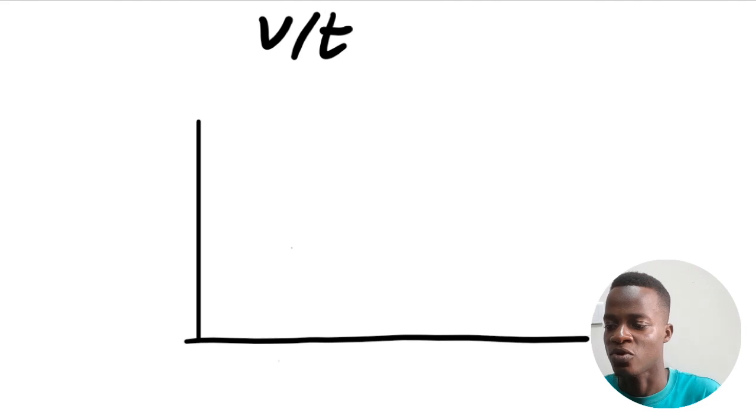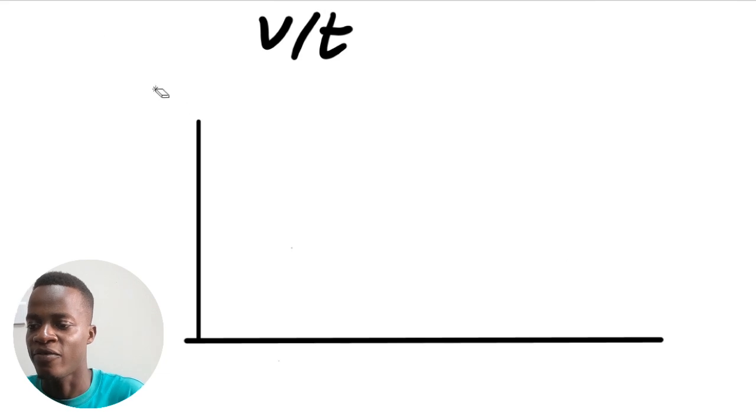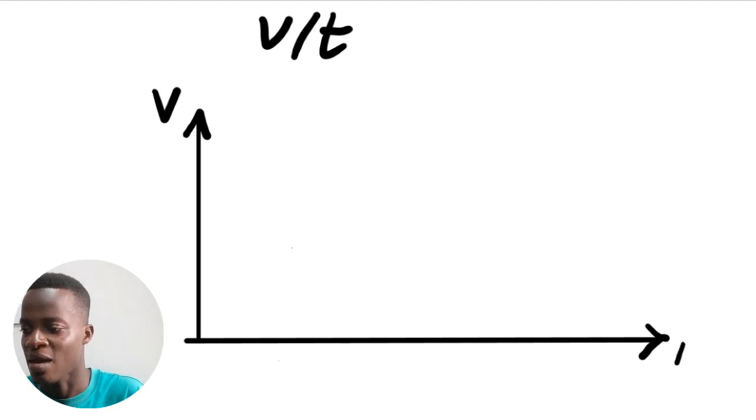When I say a graph, we're basically talking about this. We have the velocity time graph, and velocity will be on this axis and time on this one.